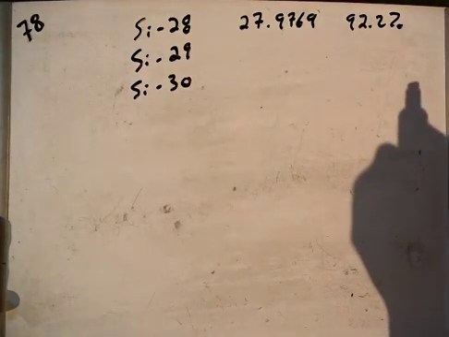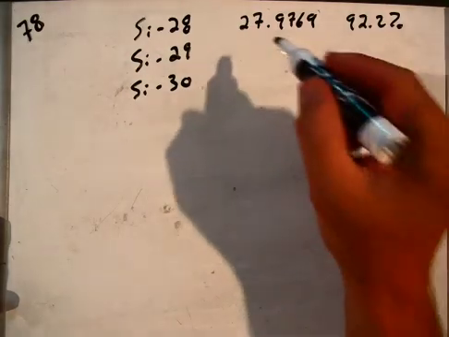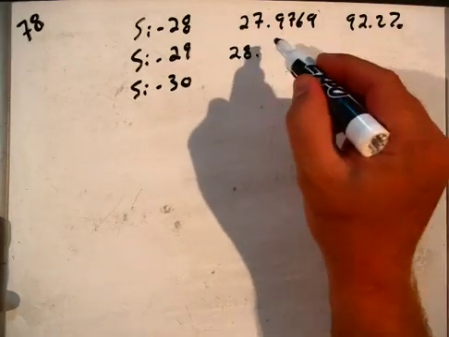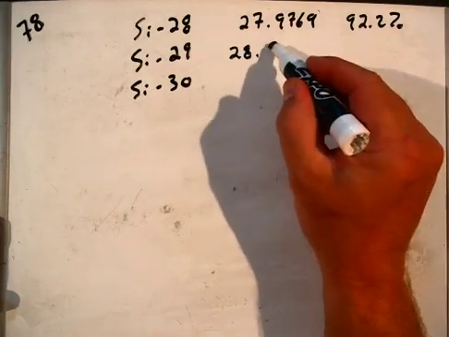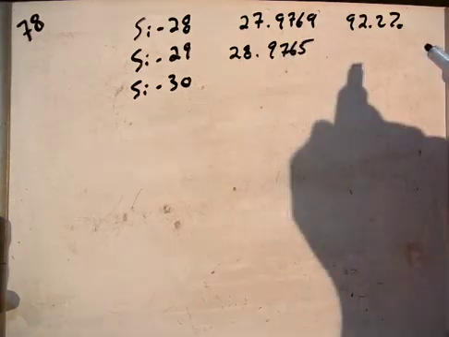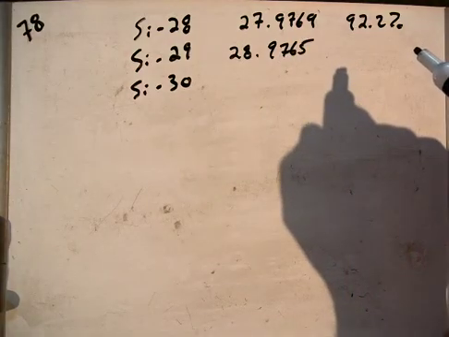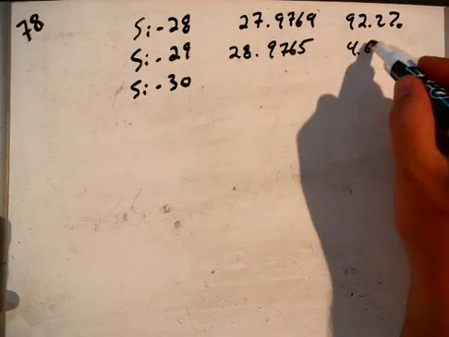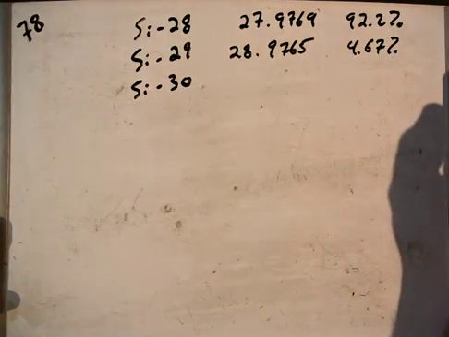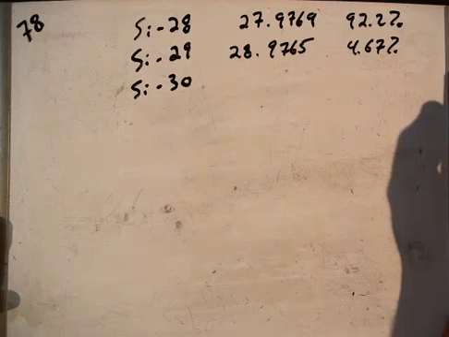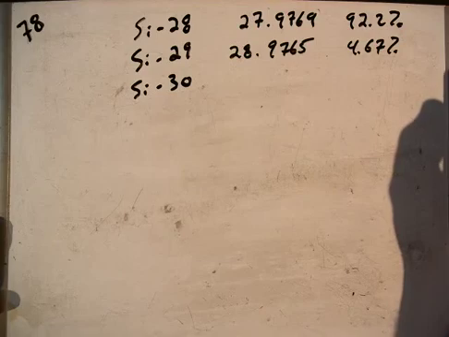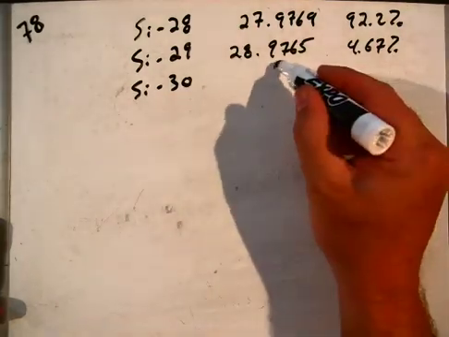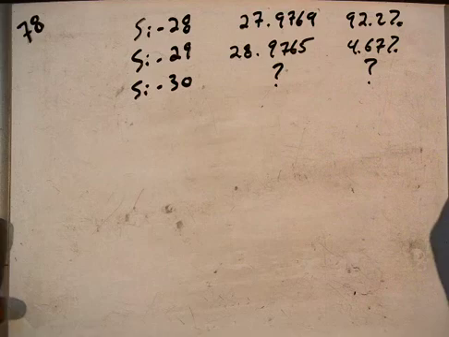For silicon 29, the atomic mass was 28.9765, and its abundance was 4.67%. And the question is asking us to find the mass and natural abundance of silicon 30. So what are those two guys?